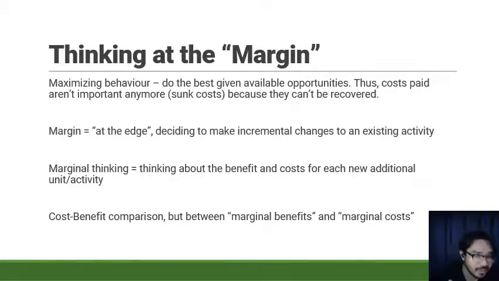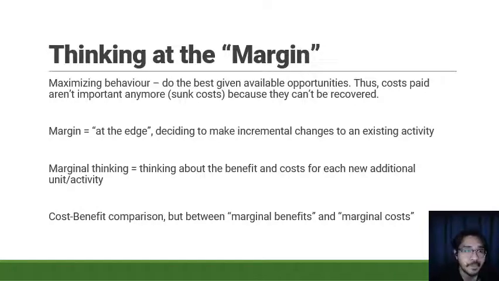So that's where we need to contextualize marginal thinking. It's not about the 3 seasons of things that you've watched, but rather about the next episode that you will watch, and looking at the happiness that it will give you in watching that one additional episode. So it's all about a cost-benefit comparison between the marginal benefits, in the example, the happiness that you get from watching a series you really enjoy, and the marginal costs, meaning staying up, watching an additional 30 minutes or spending an additional 30 minutes online, the cost of the internet and so on.